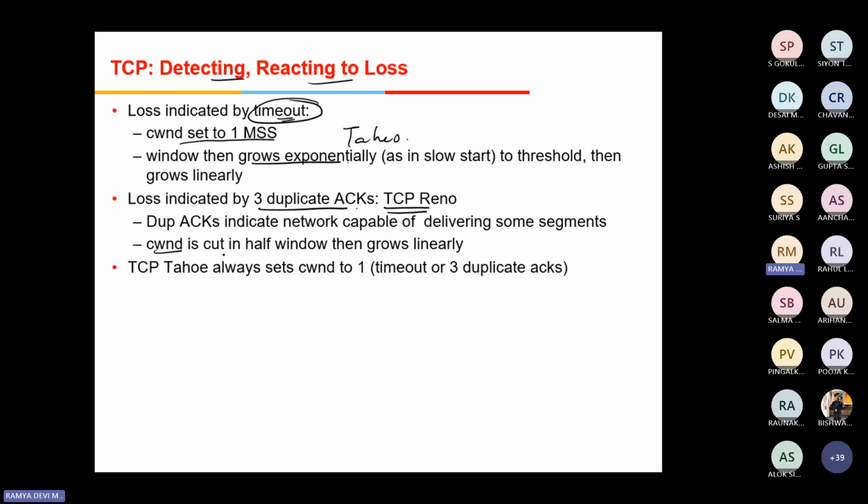So it cuts the congestion window in half, and that is considered for the threshold as well. It also enters congestion avoidance mode, additive increase mode. This is how Reno recovers. This allows Reno to recover faster without going back to the slow start state. That's the difference between Tahoe and Reno.